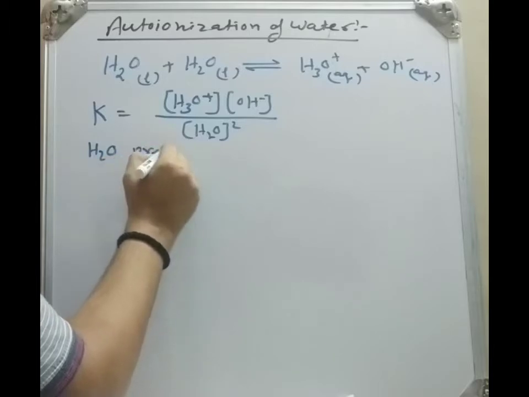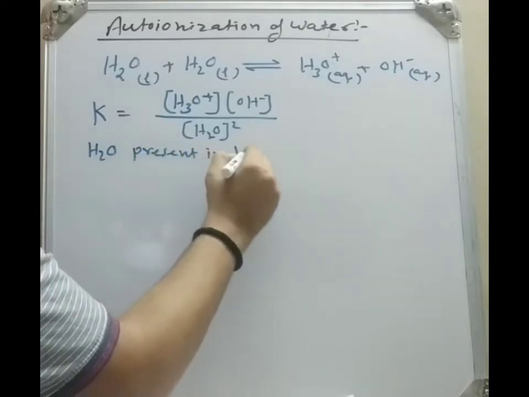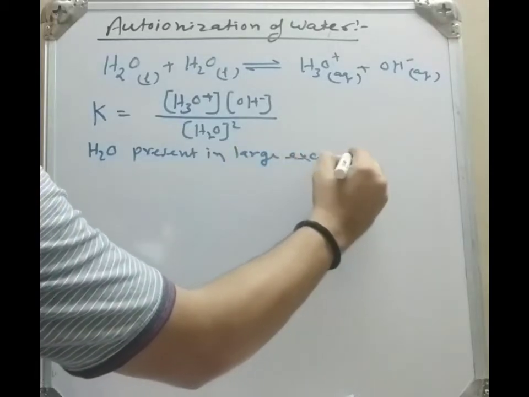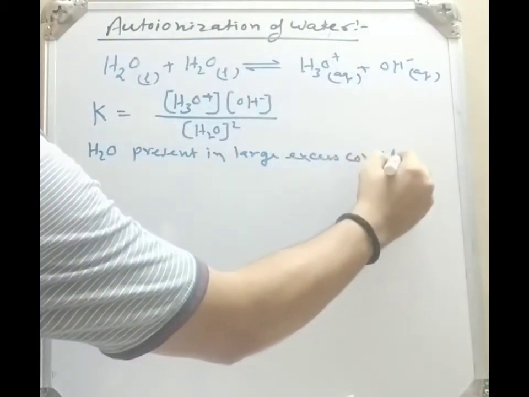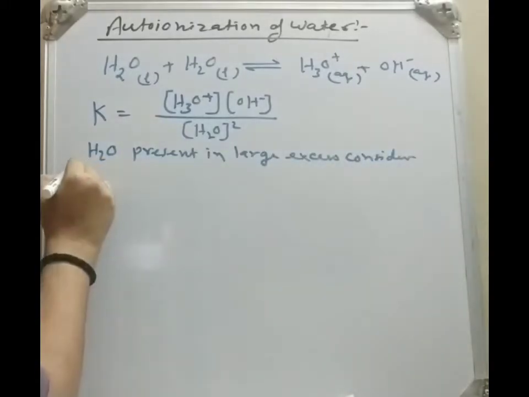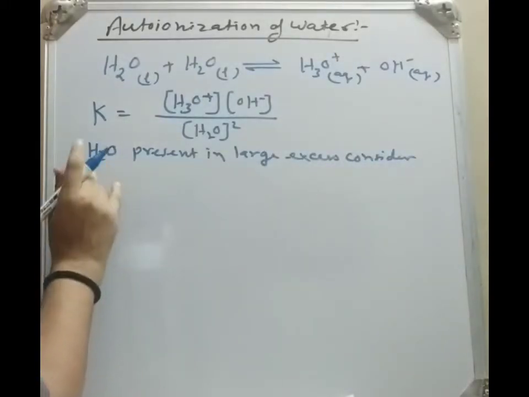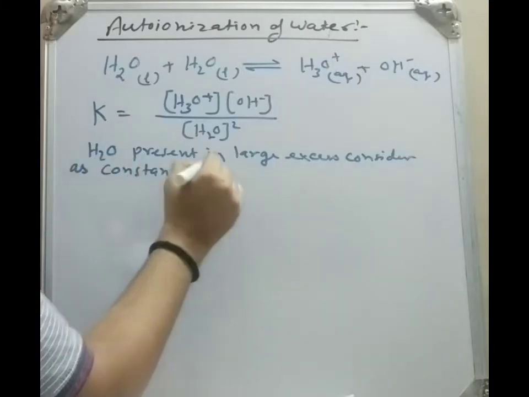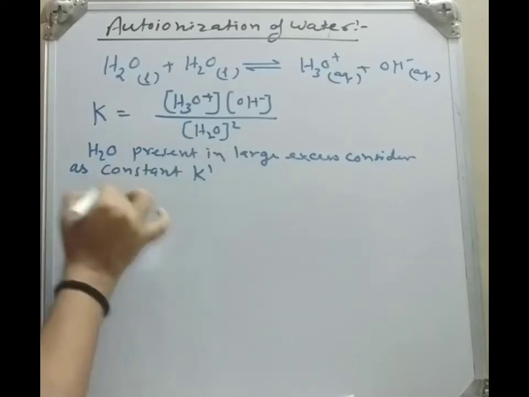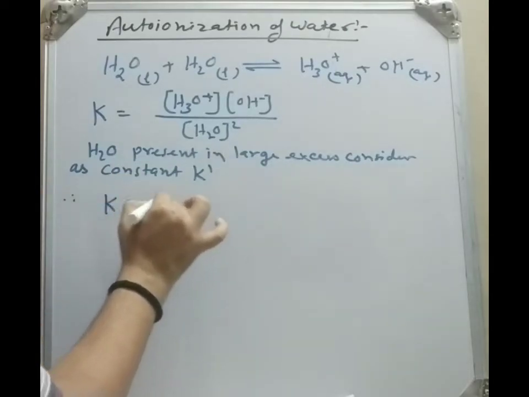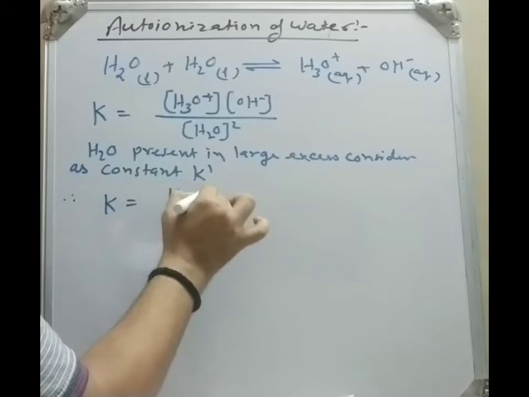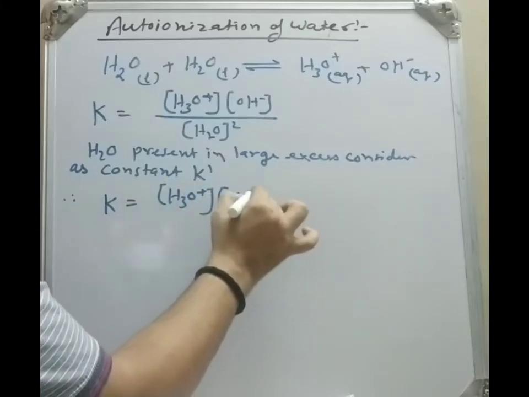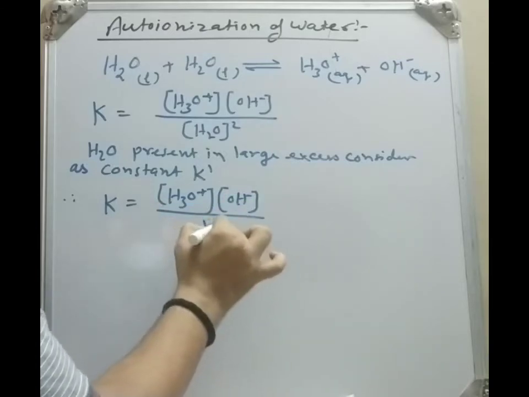Now H2O is present in large excess in this solution. The reason is that H2O dissociates very little, meaning a lot of H2O is present in this solution. So we can say that H2O is considered a constant, K dash. Now we write K is equal to H3O plus concentration into OH minus concentration upon K dash.